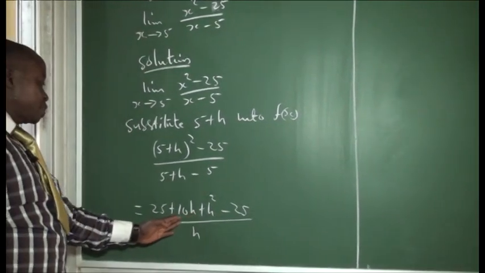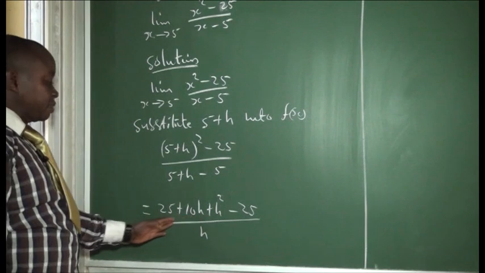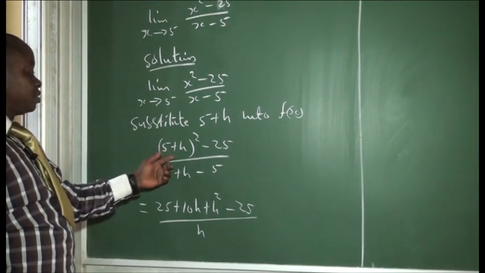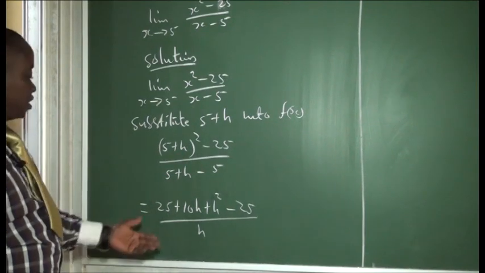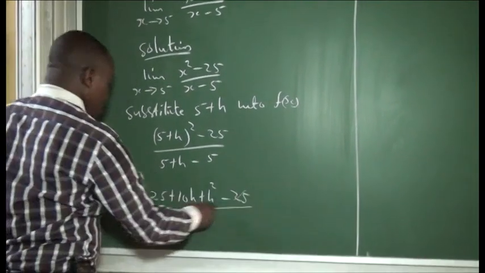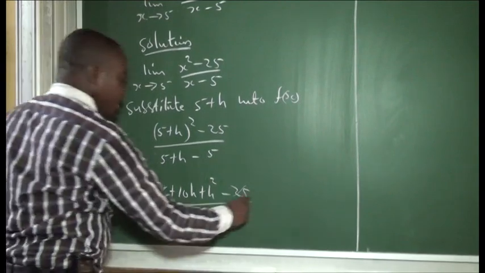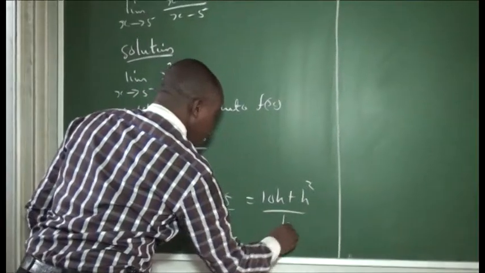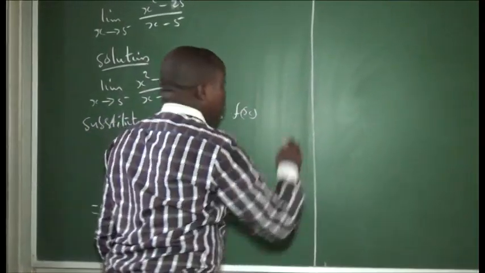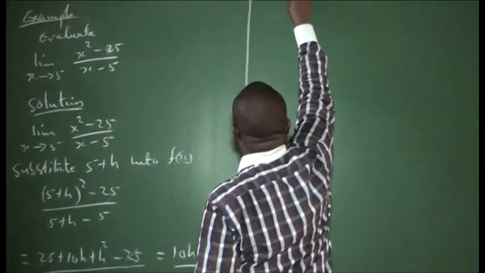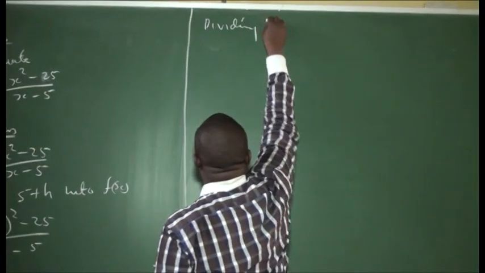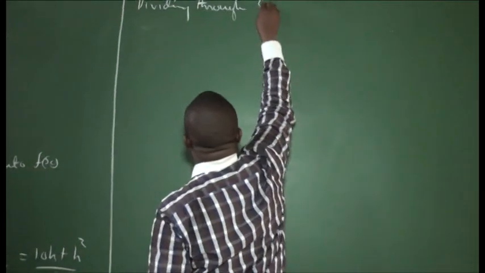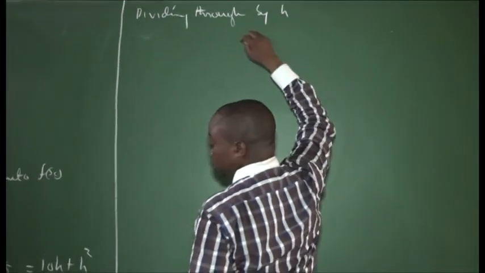By binomial expansion, you have this. 5 plus h squared means 5 plus h times 5 plus h. If you expand it, you have this, so this can go with this. And so we have 10h plus h squared over h. So now we are going to divide numerator and denominator by h.